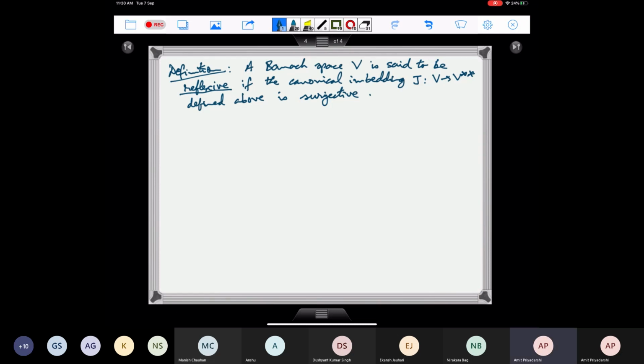Okay, so now let us look at some examples of reflexive Banach spaces.